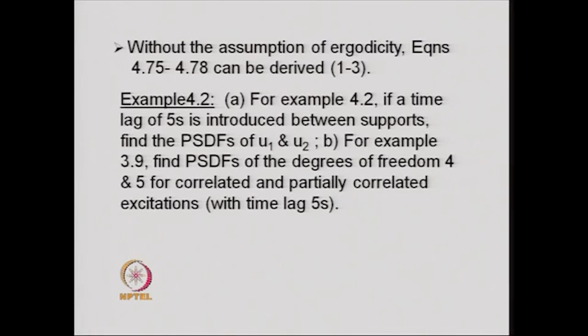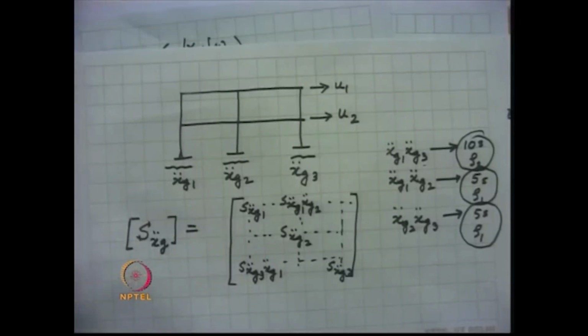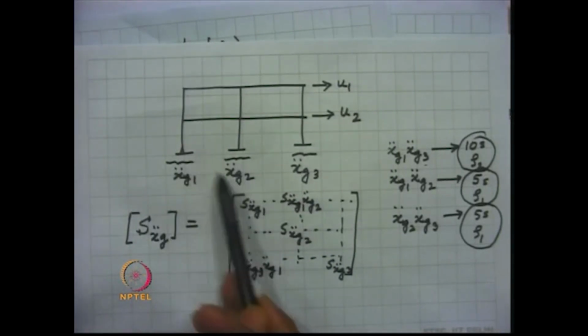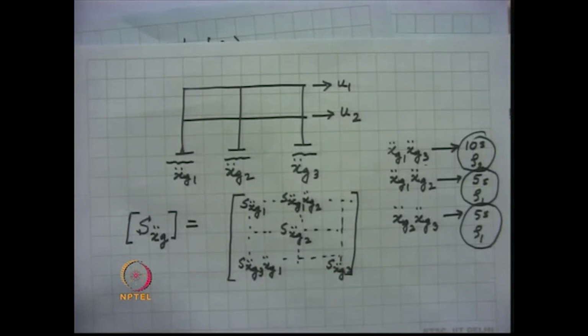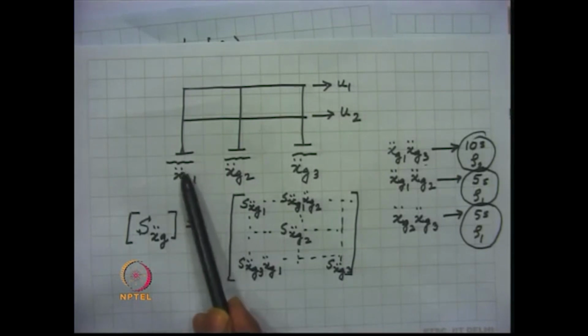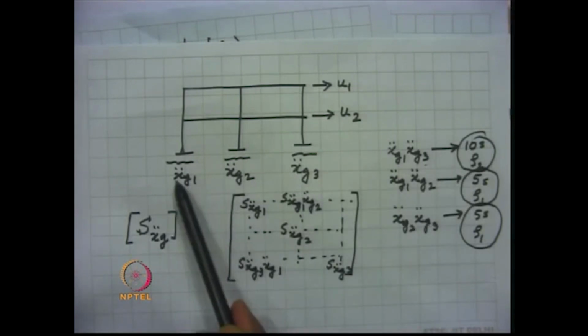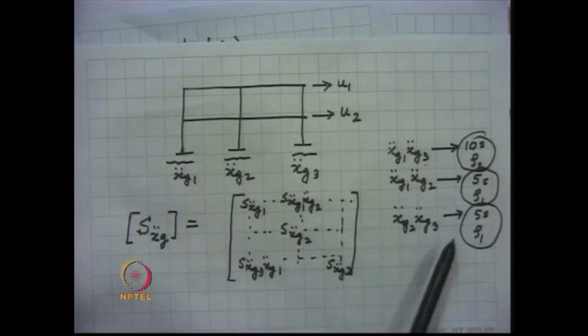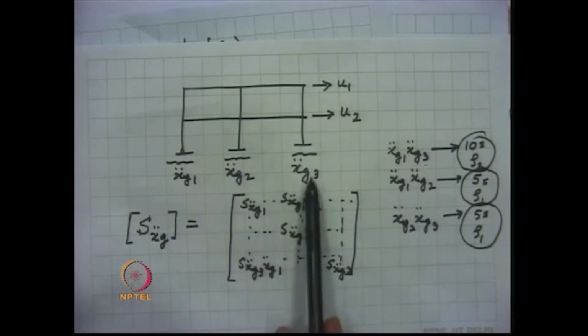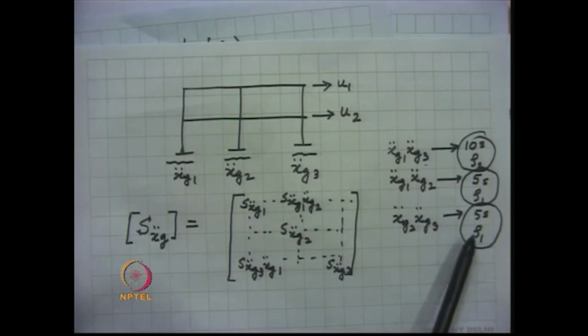In this problem, we assume that x double dot g1, x double dot g2 and x double dot g3 are different, and there is a time lag of 5 seconds between these excitations. So, the time lag between x double dot g1 and x double dot g3 is 10 seconds, between x double dot g1 and x double dot g2 is 5 seconds, and between x double dot g2 and x double dot g3 is 5 seconds. So, these are the time lags.